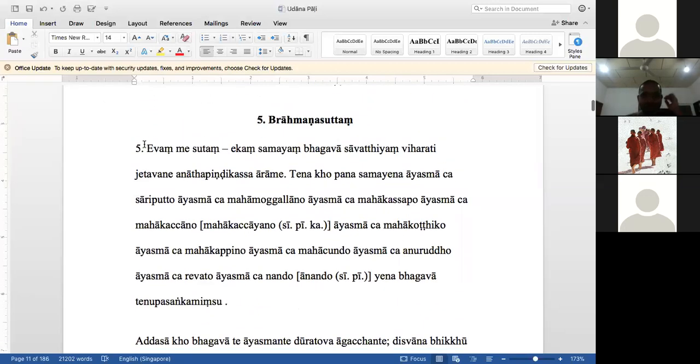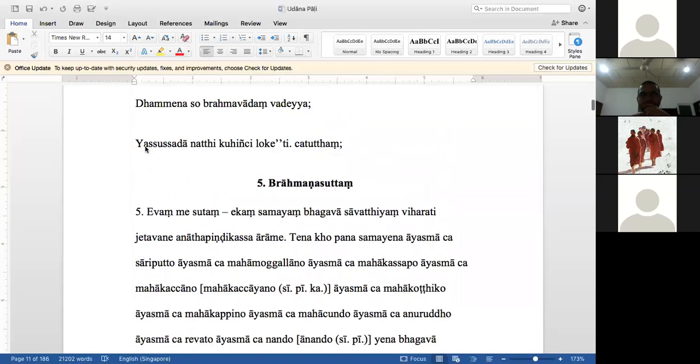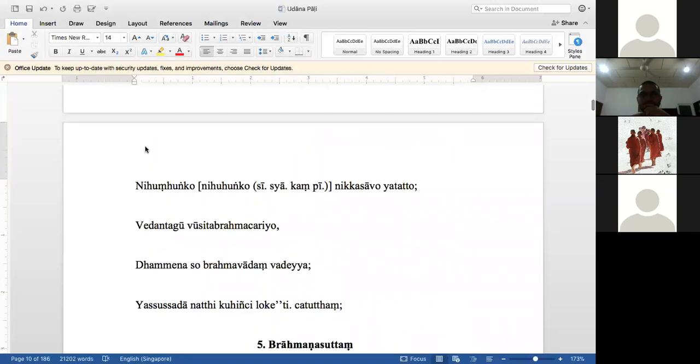Bhante, I cannot find this sutta. Number 5, paragraph number 5. The same with the Udāna. I see only the Bodhi Sutta, I don't have the Brahmana Sutta.